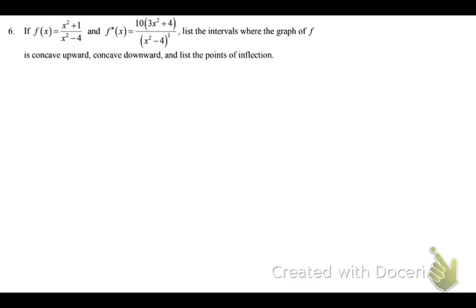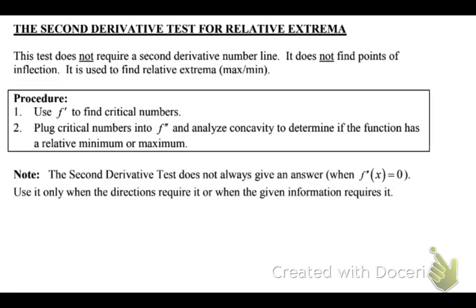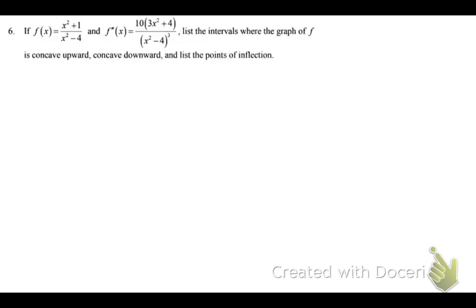Looking at our original function, the domain is going to exclude positive and negative 2, because that is what's going to make this denominator equal 0. That's where we have vertical asymptotes, and so that's where something could possibly be changing with the graph.